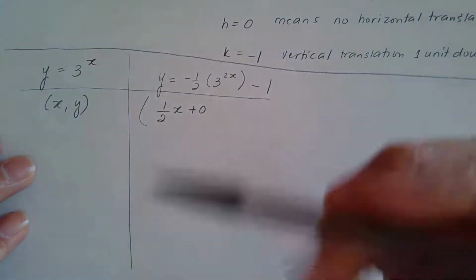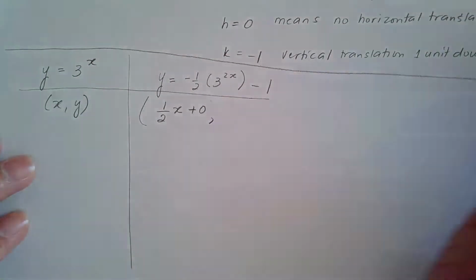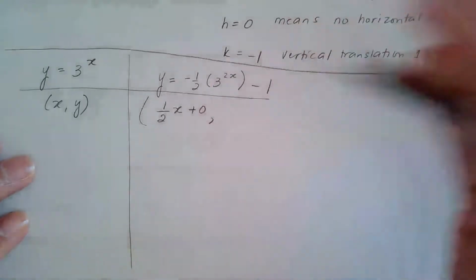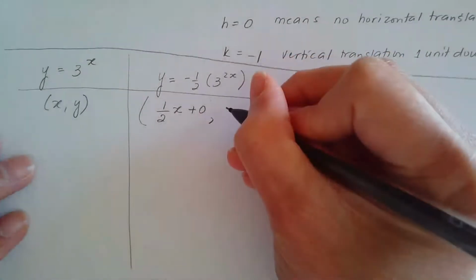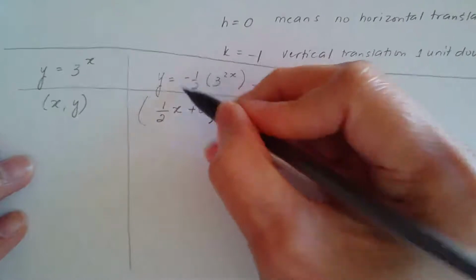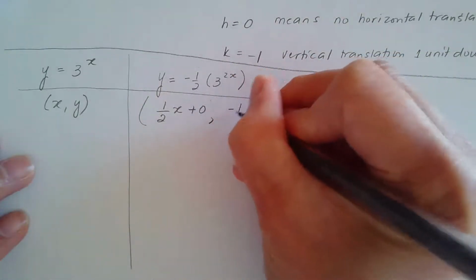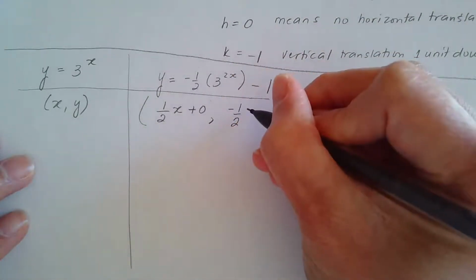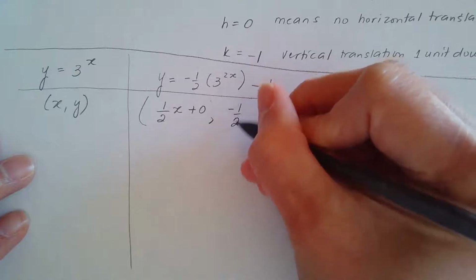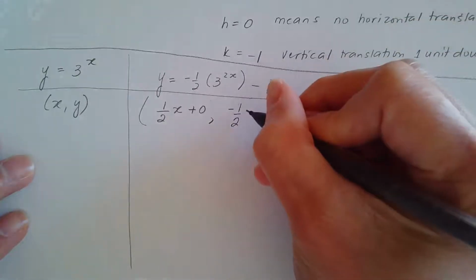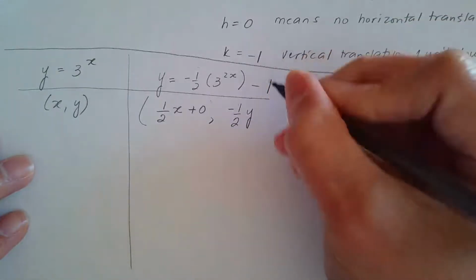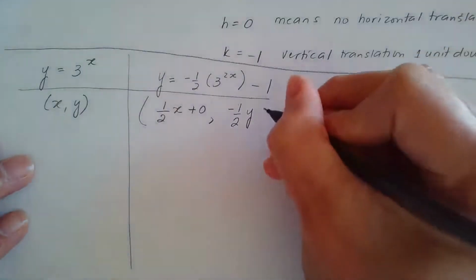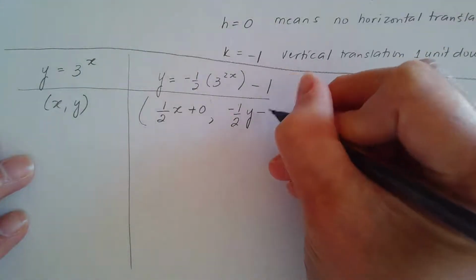Over here, the transformation with the y would be a times y, so a is -1/2 times y, plus k, so plus -1.